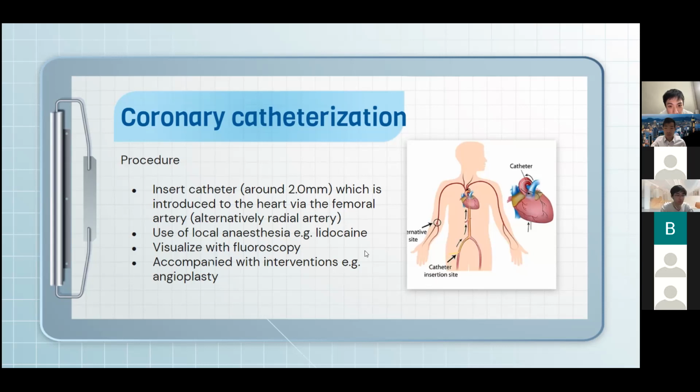In this case, usually general anesthesia does not have to be used. Local anesthesia will be quite enough, such as lidocaine. And since no general anesthesia is used, you don't need to do any sort of intubation. Then we will try to visualize it usually with fluoroscopy and accompany it with percutaneous coronary interventions, such as angioplasty.